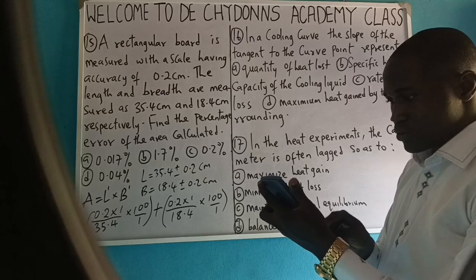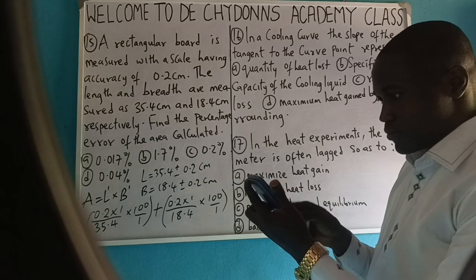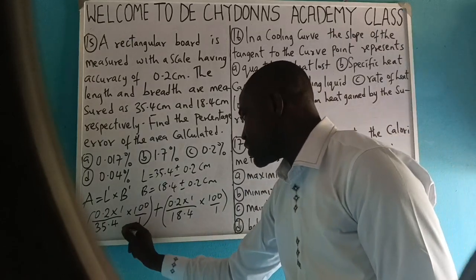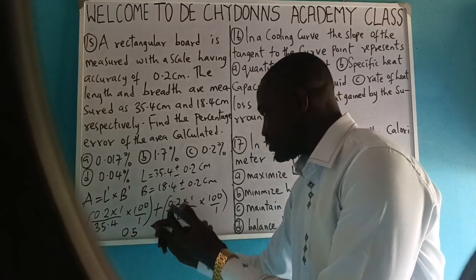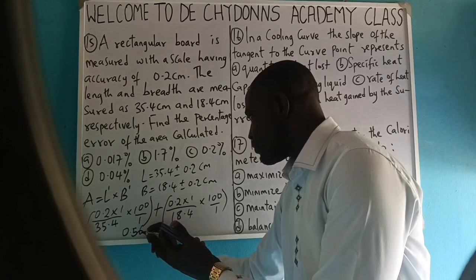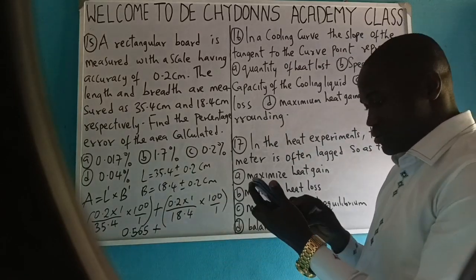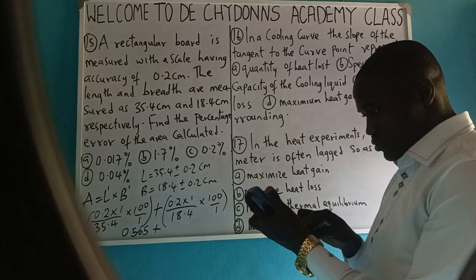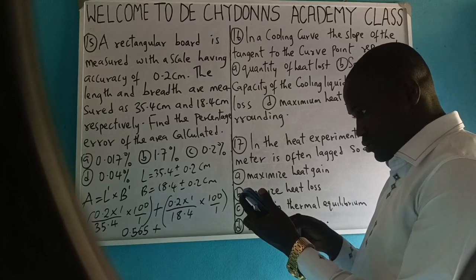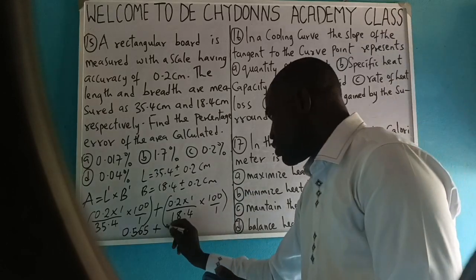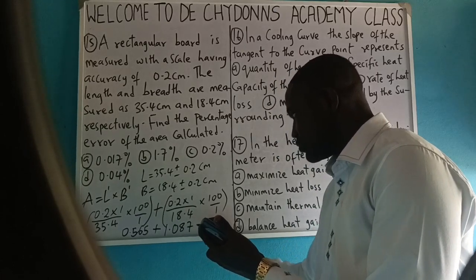I have here to be 0.565 approximately, plus I got this one to be 1.087.